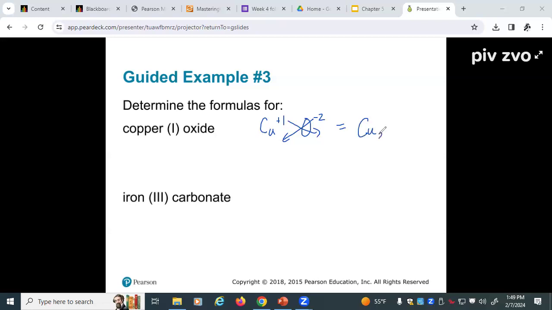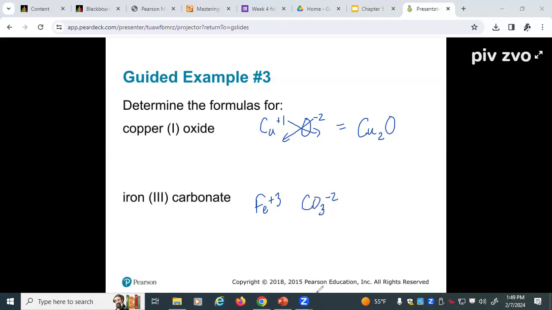Copper gets a subscript of 2 from the oxygen. Oxygen gets a subscript of 1 from the copper. Subscripts of 1 we just leave alone. Cu2O is the correct formula for this oxide. Last example, iron 3 carbonate. Iron 3 would be Fe plus 3. Carbonate would be CO3 -2.